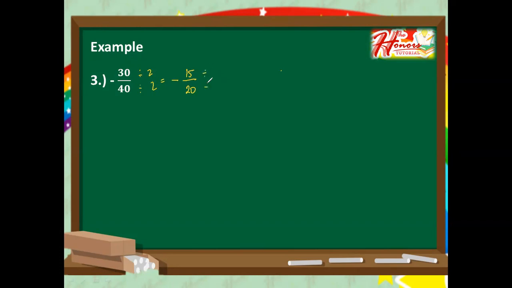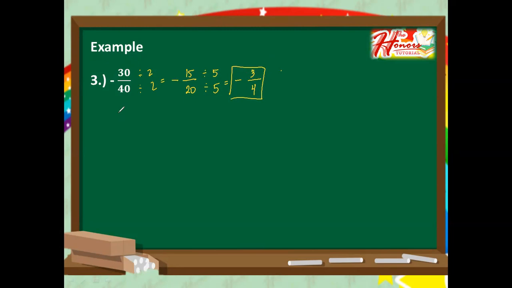So we can simply divide this by 5. Kindly just write the negative sign. 15 divided by 5, that's 3. 20 divided by 5, that's 4. Is this the final answer? Yes, because there's no number that can divide the numerator and denominator at the same time without remainder.